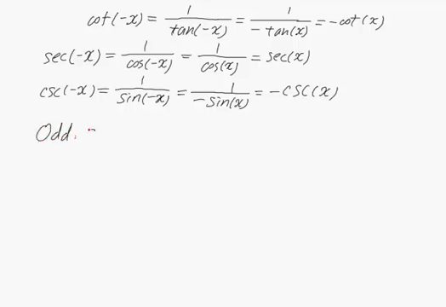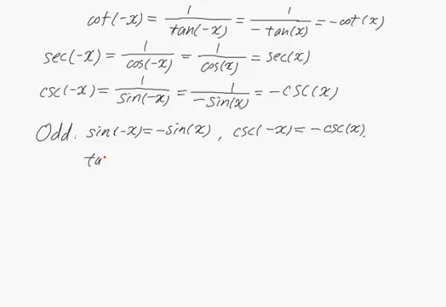Odd: sine of the negative x is equal to negative sine of x. Cosecant of the negative x is equal to negative cosecant of x.